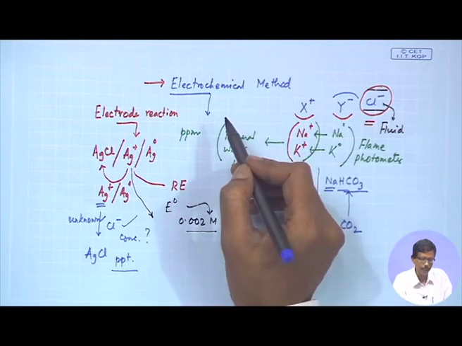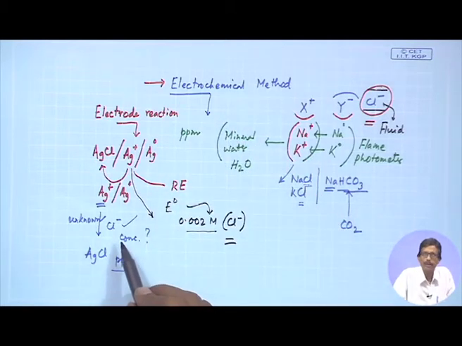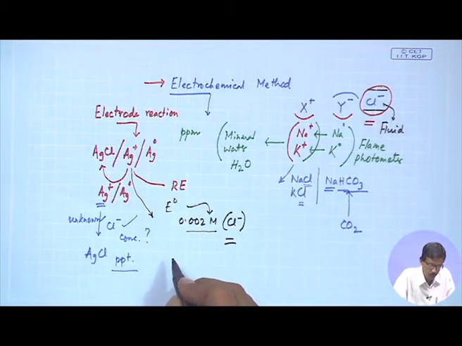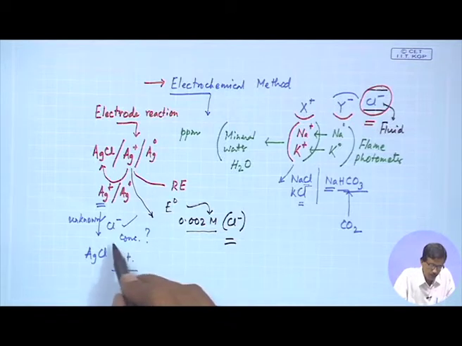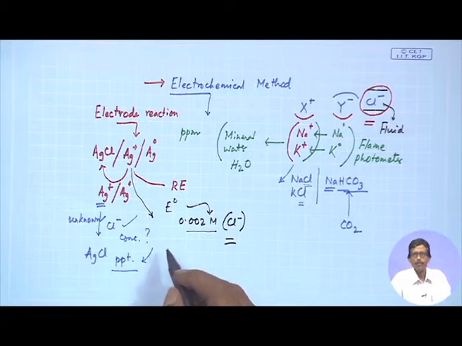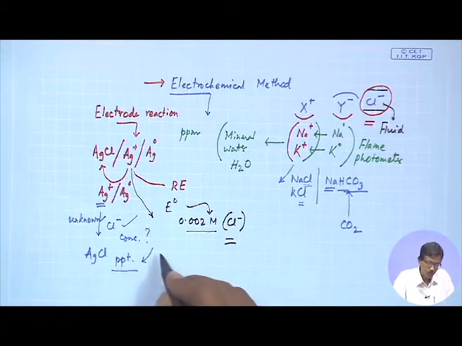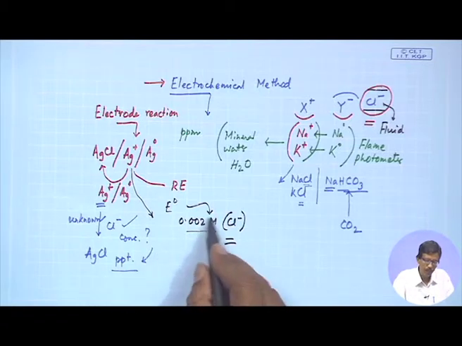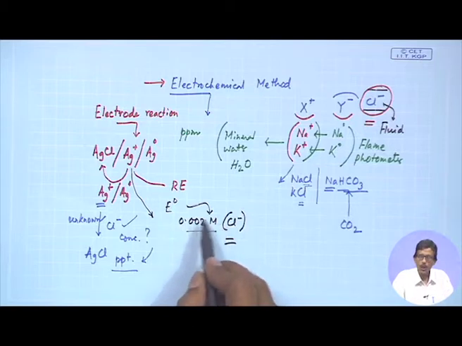But why should you go for an electrochemical technique to determine this Cl minus? That is the most important question to be asked. For a meaningful precipitate, if you want to see or locate it by addition of some indicator, we should know that this is also a very low concentration.